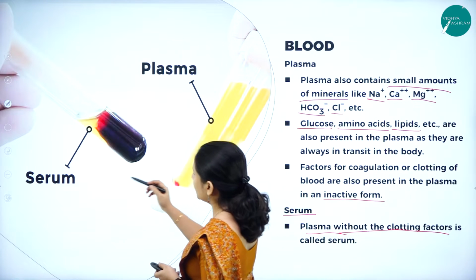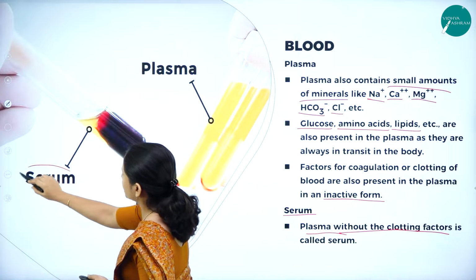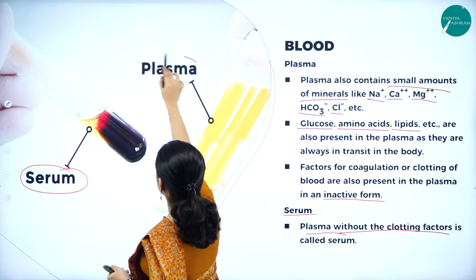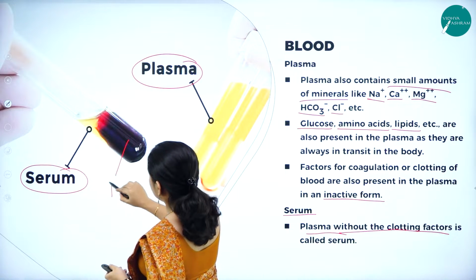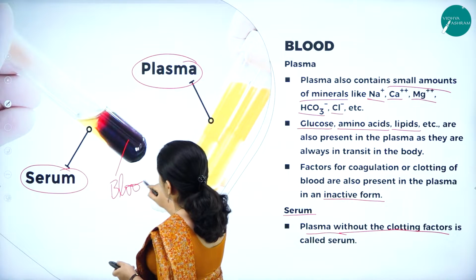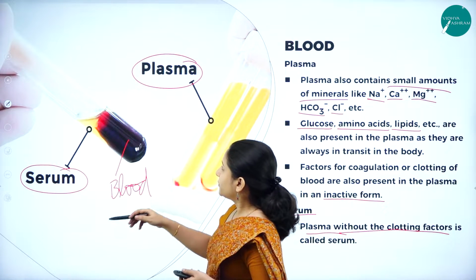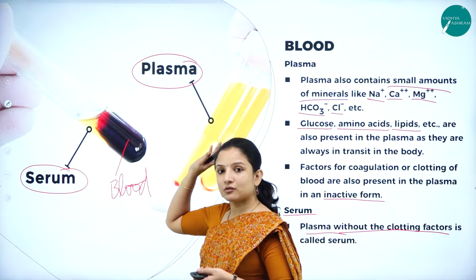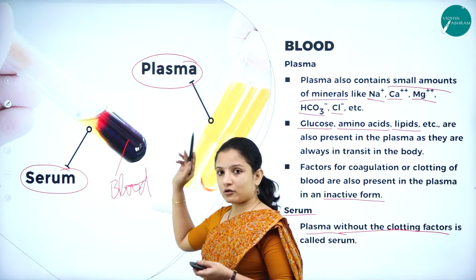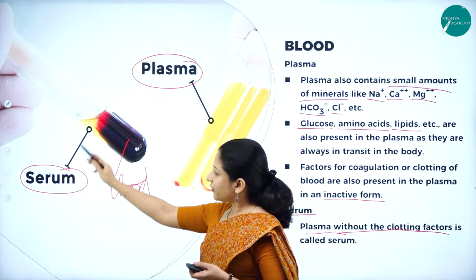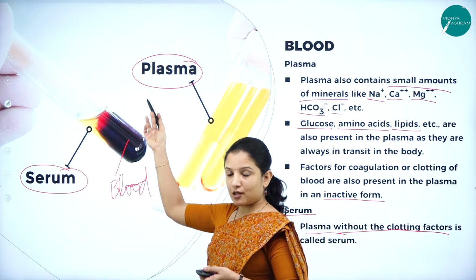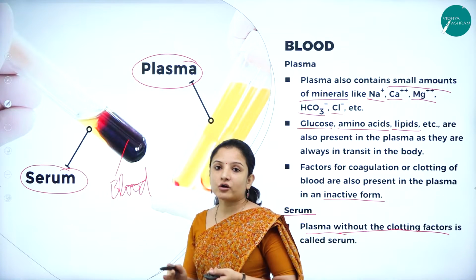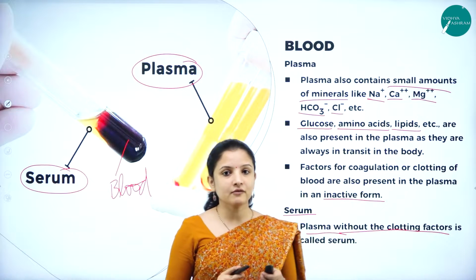So if you can see here, the serum that is present in the plasma of the blood, and you can see the blood here. So blood consists of components such as plasma and serum. Plasma contains coagulation factors or clotting factors, but serum is also a form of plasma which does not contain the coagulation factors or the clotting factors.